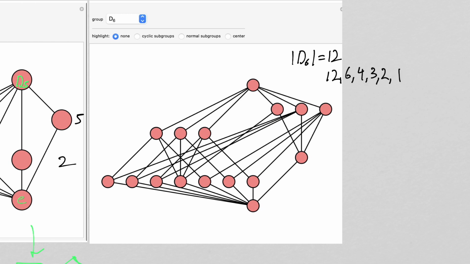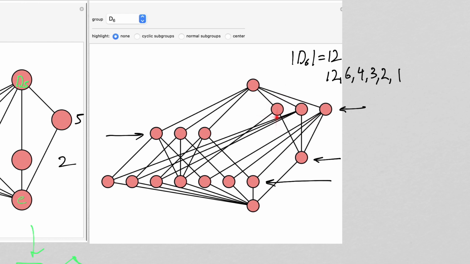So presumably, what would we have? We would have groups of order 6, groups of order 4, groups of order 3, and groups of order 2. Again, this subgroup of order 3 has no subgroups.